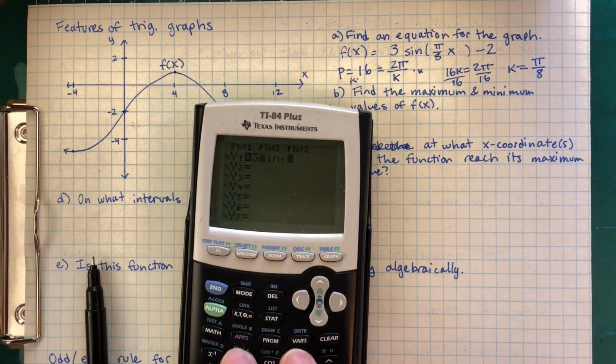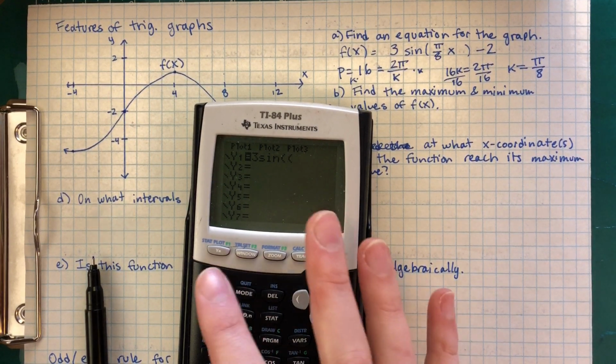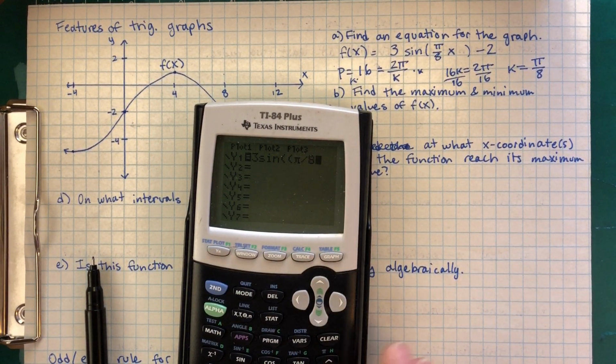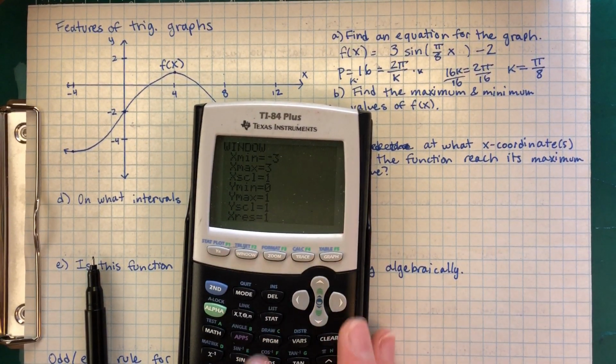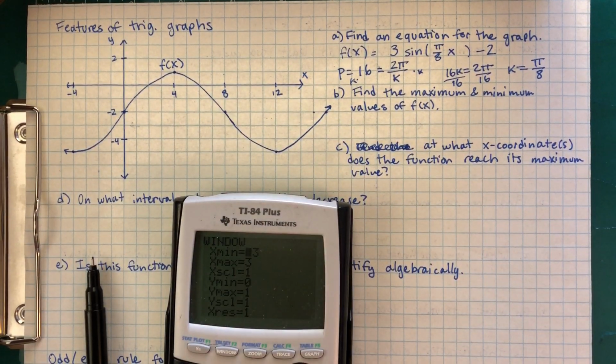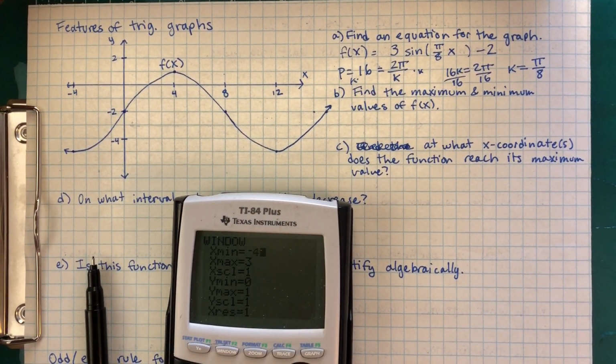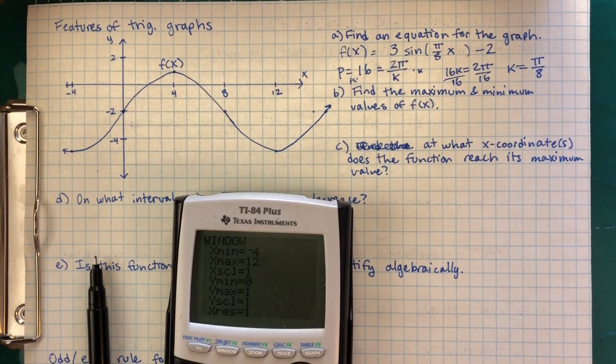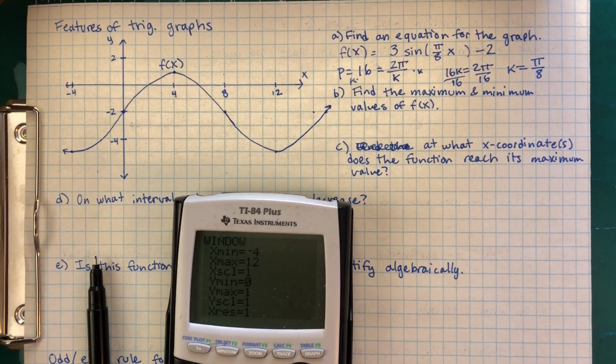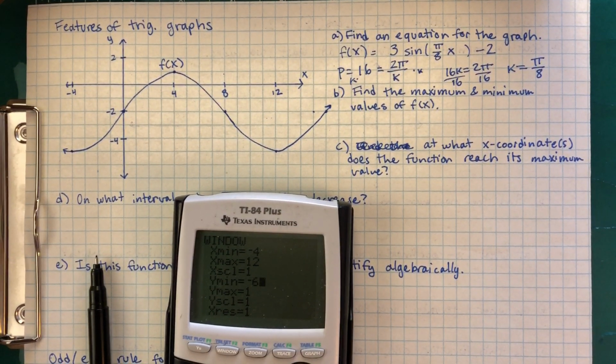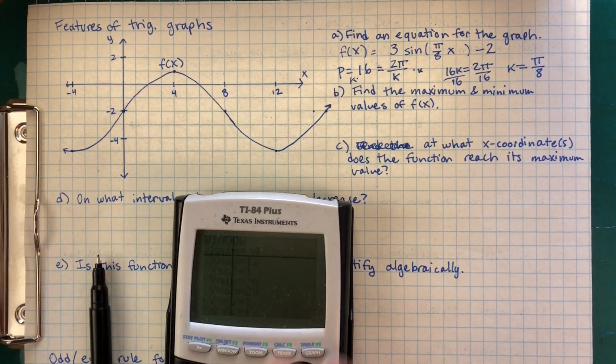3 sine of pi over 8 times x minus 2. I'm going to set my window to be roughly matching this. So from x -4 to 12, y -6 to 2, something like that.